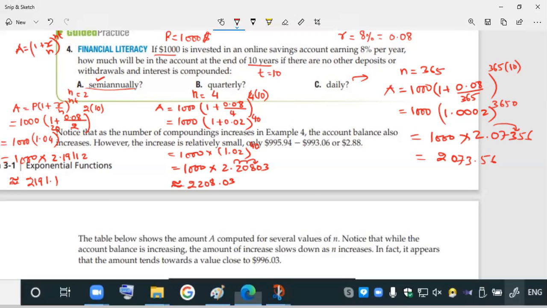Okay, so you can do it another way. Okay, 1 minute. 1 plus 0.08 divided by 365, same thing is coming, and it is raised to the power 3650. 2.225.